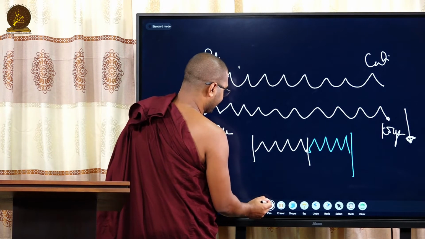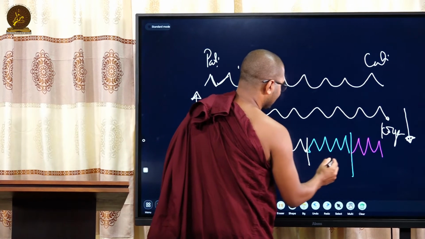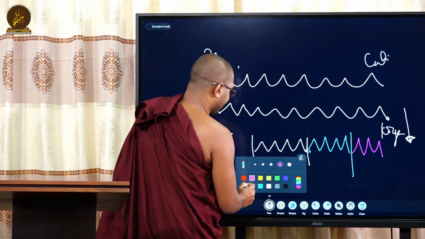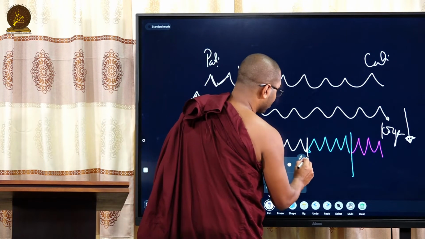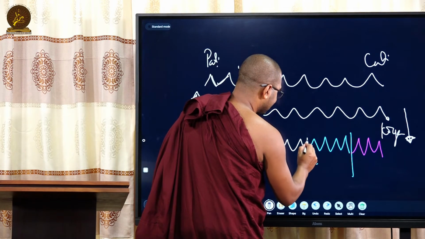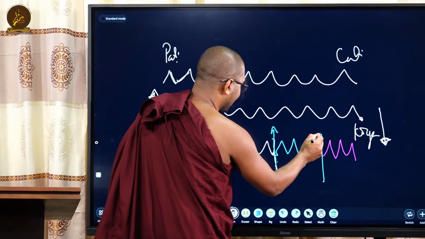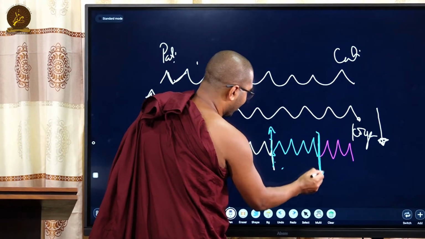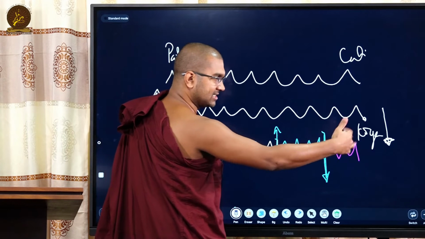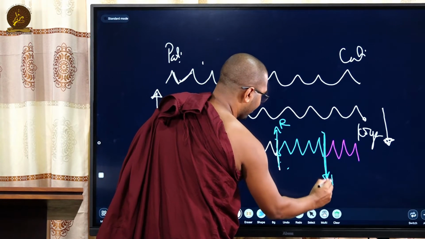Then we get different types of Rupas with much heat. Now think this: if you want to contemplate the cold Utuja Rupas, what we are supposed to do is see the rising, the beginning of this generation, when we enter the room, and the passing away when we go out of the room, or maybe a few seconds after we have gone out. So this is the rising, this is the falling.